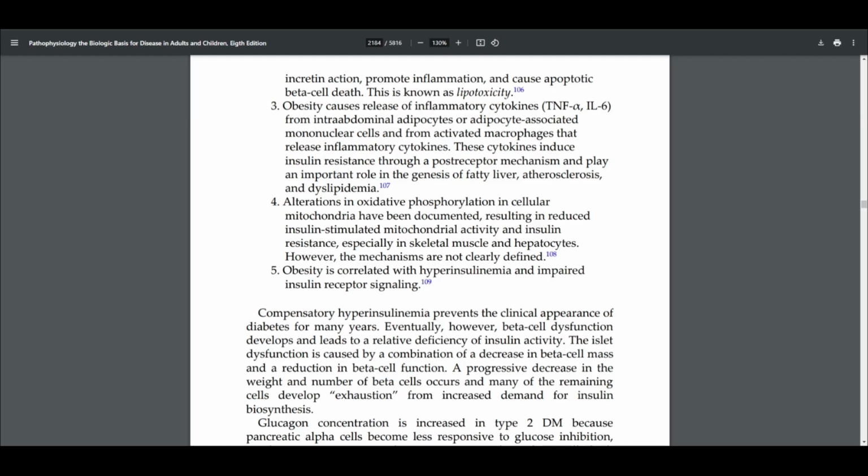Number 4, alterations in oxidative phosphorylation in cellular mitochondria have been documented, resulting in reduced insulin-stimulating mitochondrial activity and insulin resistance, especially in skeletal muscle and hepatocytes. However, the mechanisms are not clearly defined.